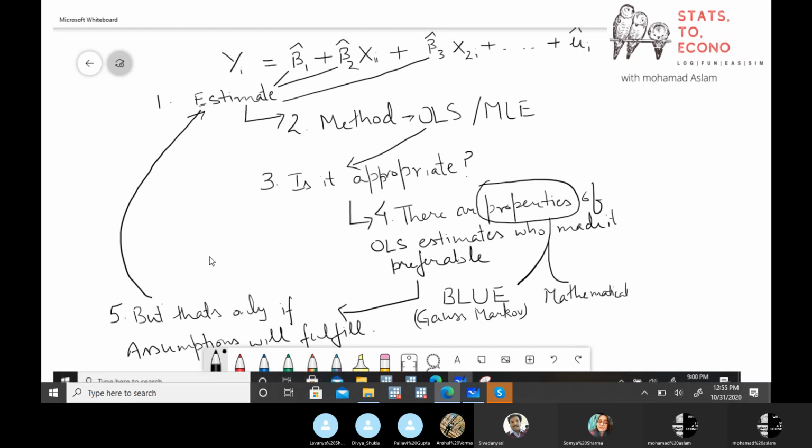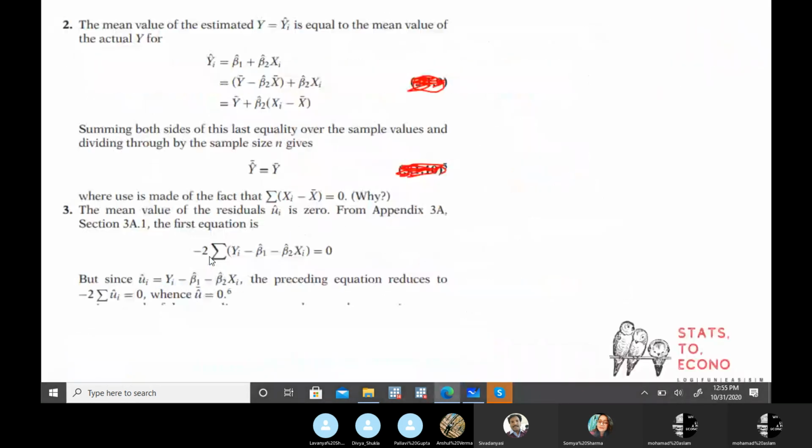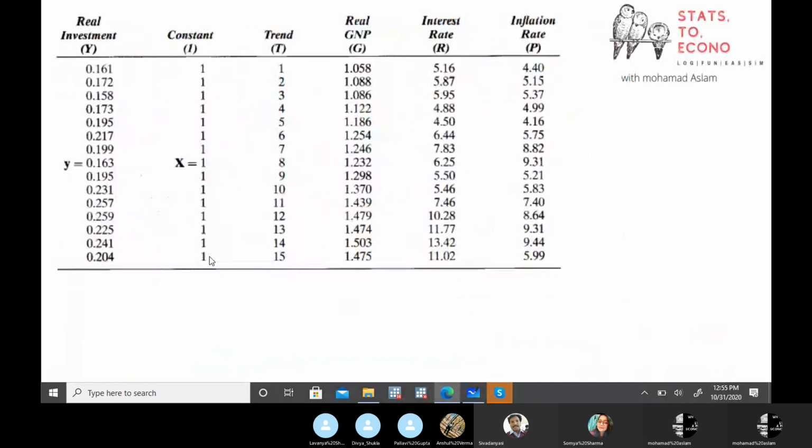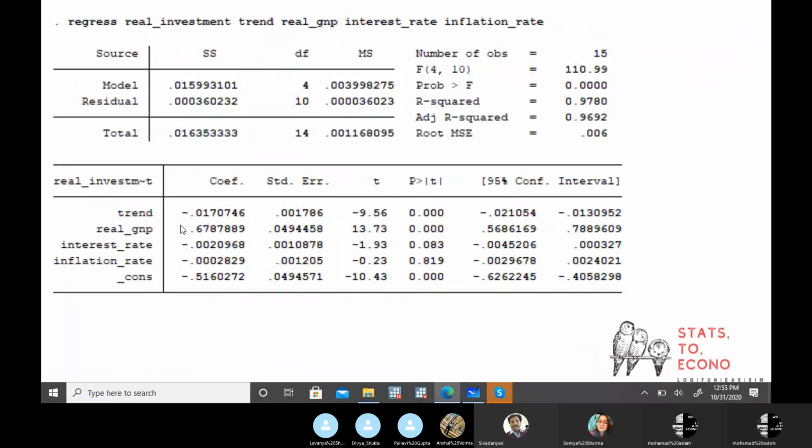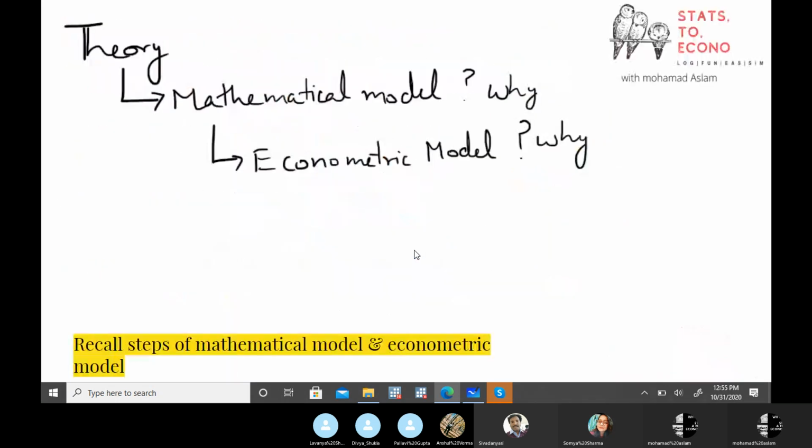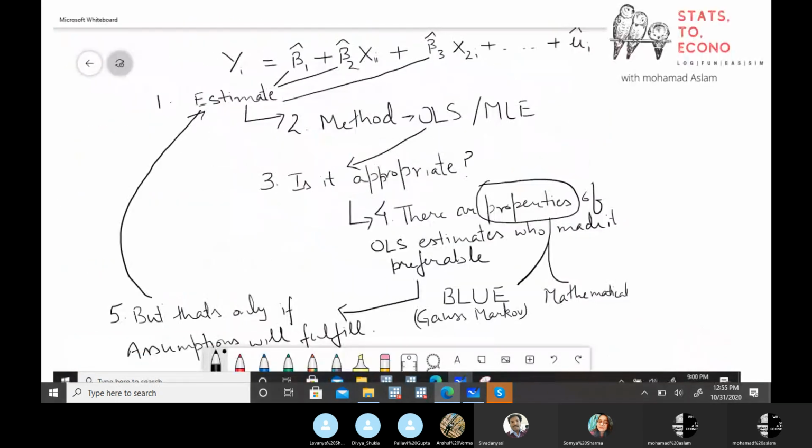After properties, in tabulation form, we will be done with coefficients and variance, and then we will jump to hypothesis testing, the T test and F test for the overall model and individual coefficients, and goodness of fit. These are the parameters for whether we can rely on these results or not. That we will do after the properties.